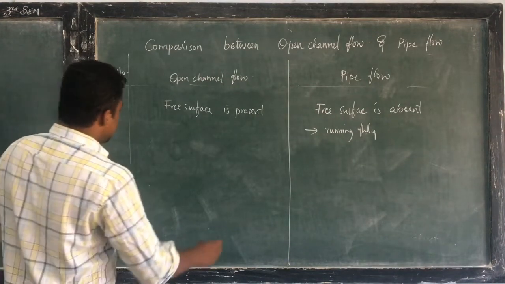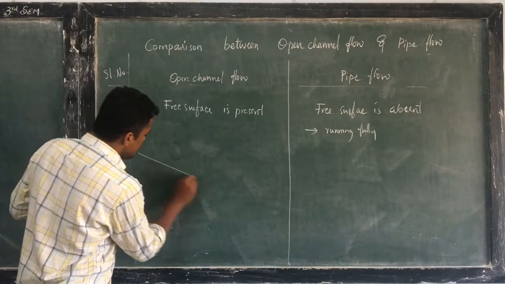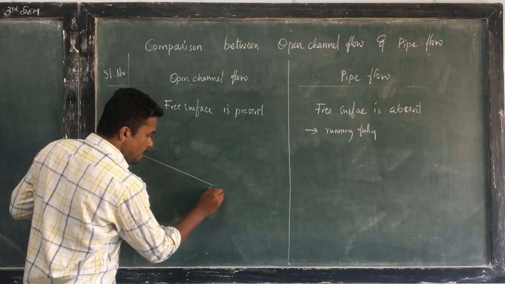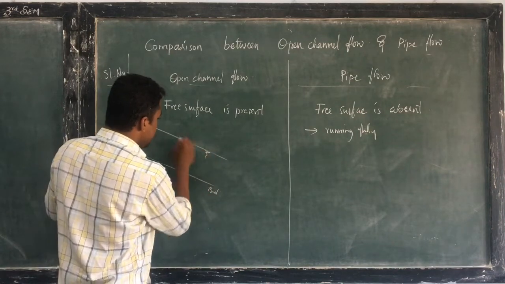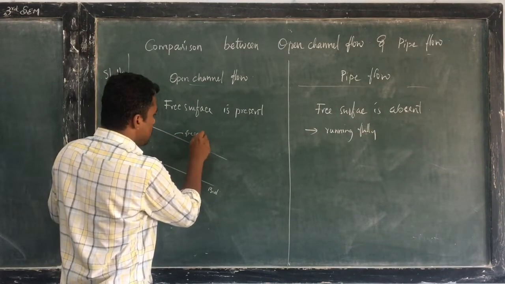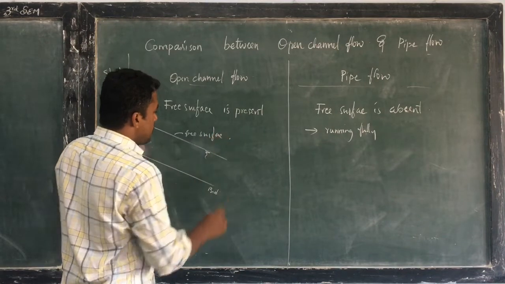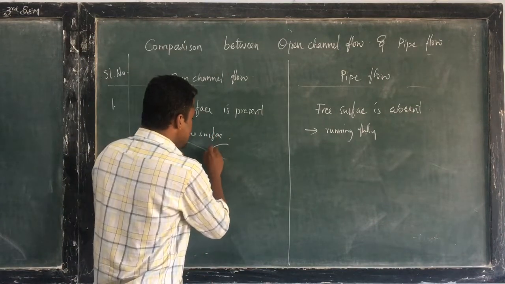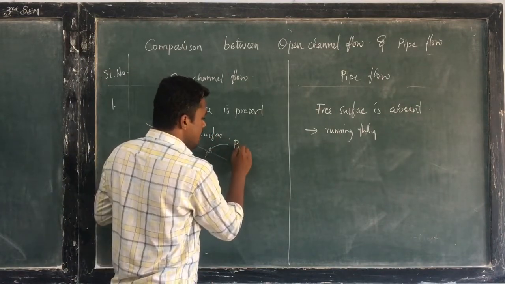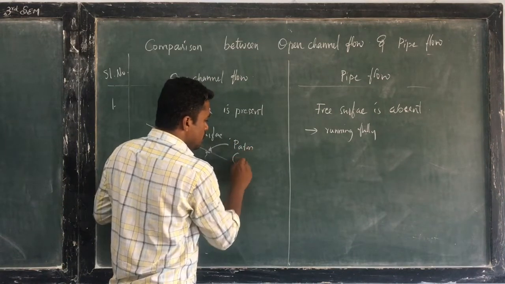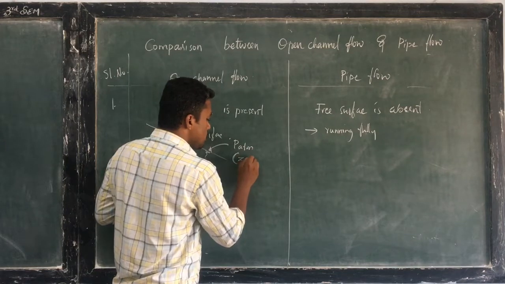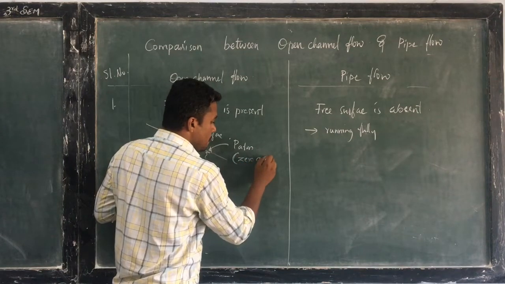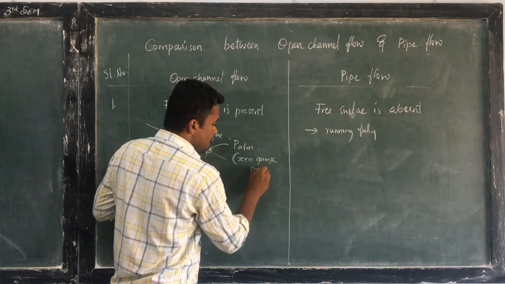So if this is our bed and this is our flow, then the free surface is present. Of course, the only acting pressure is atmospheric pressure, or we can say zero gauge pressure.